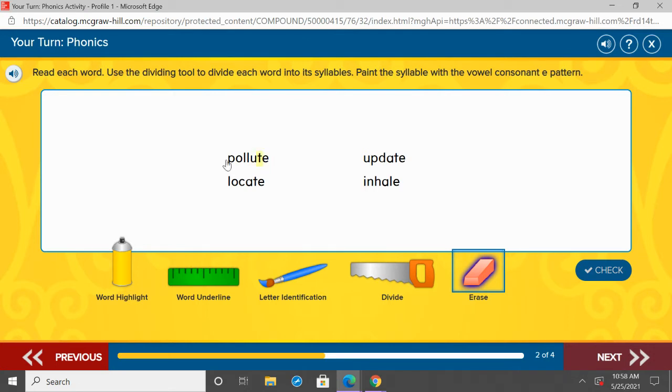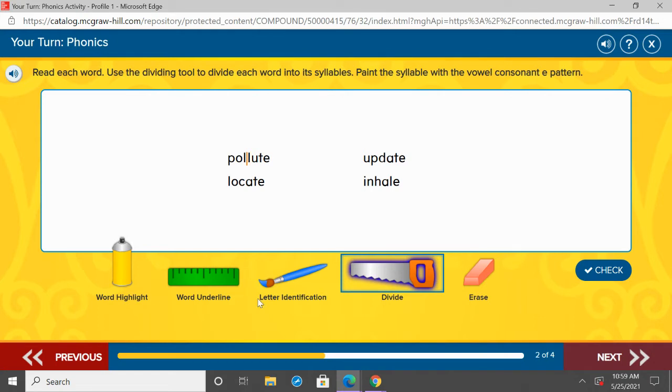Our first word up here is pollute. So I know that I divide that word right here. Now I have my first syllable, P-O-L, and then my next syllable, L-U-T-E.